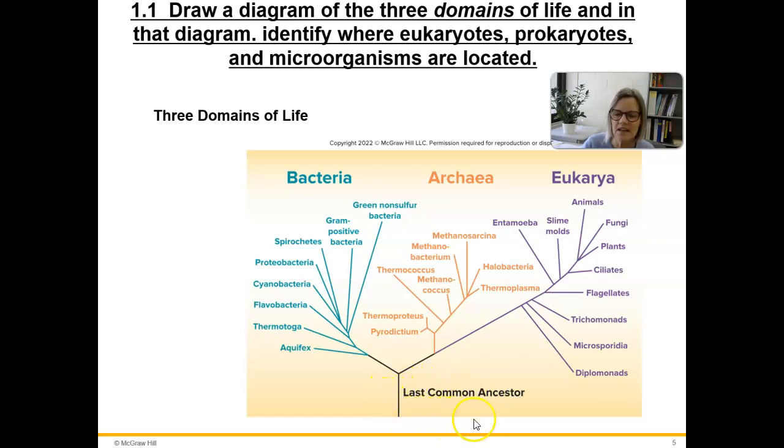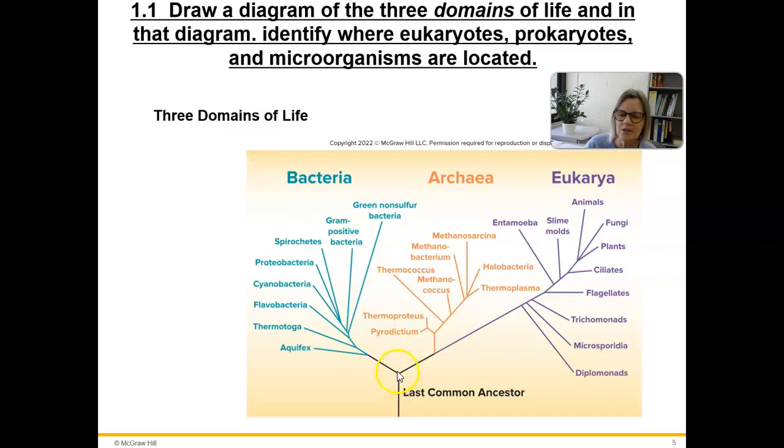So here they're saying there's some common ancestor, some organism that led to all the other organisms. And that organism evolved and changed over time. And what we end up with is 3 main groups of organisms called 3 domains.